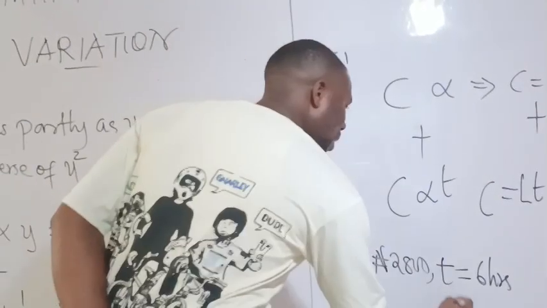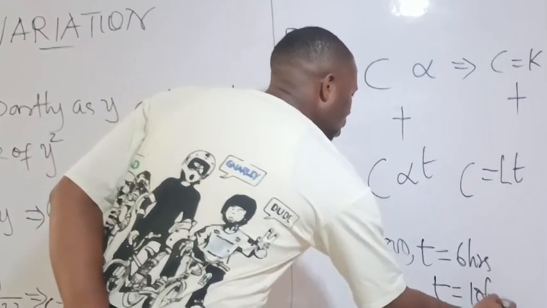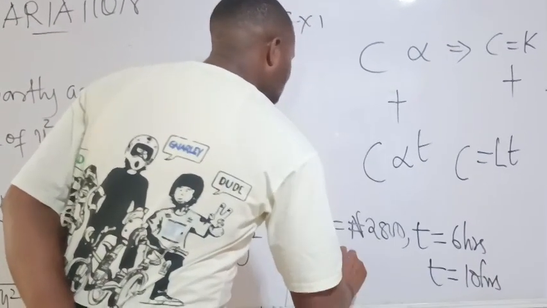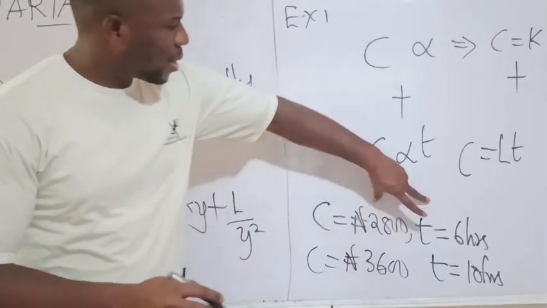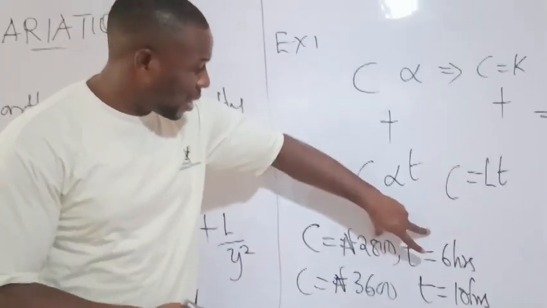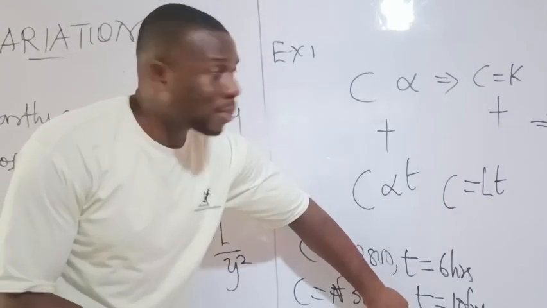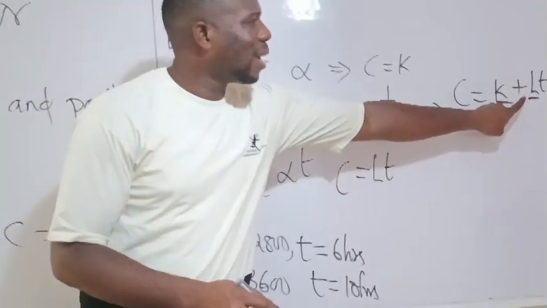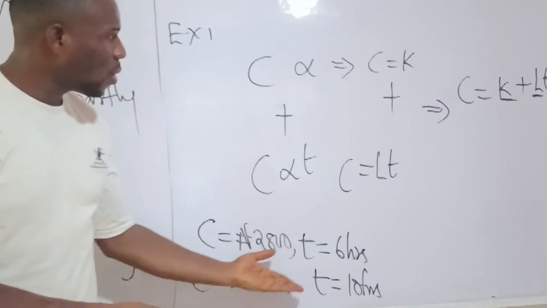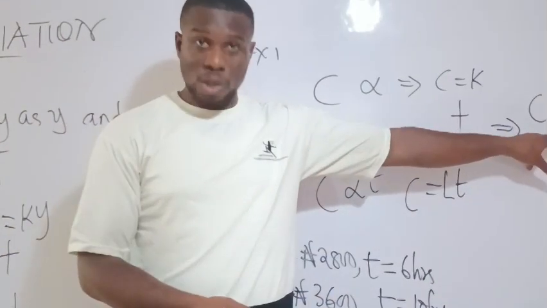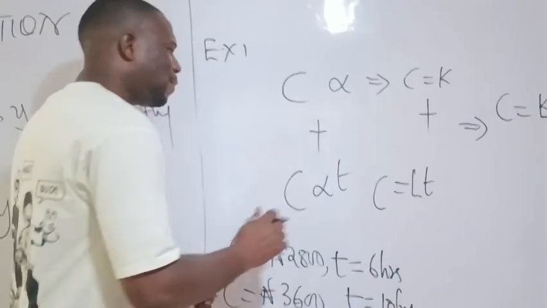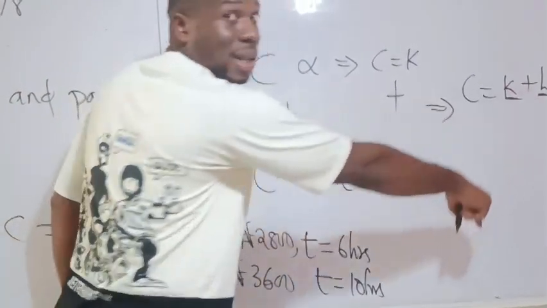And in 10 hours, the cost of sewing is 3,600 naira. With these two pairs of values, we could easily find K and L, because this would make a simultaneous equation.